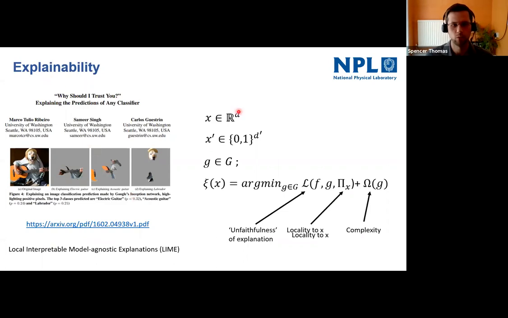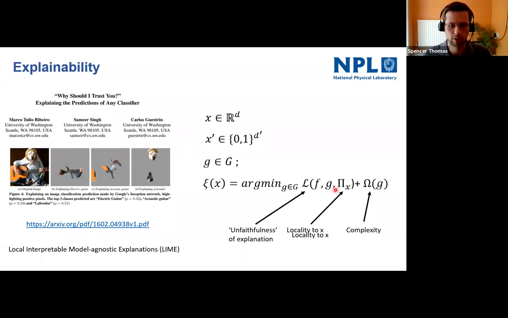Given your original data set X, you can extract a binary vector of what they call superpixels, giving you regions of the image that are associated with a given label, and you try to obtain a model from a set of models that satisfies this criterion. So you want to minimize the unfaithfulness, as they call it, of the explanation, so you want it to be a good model explaining your data.